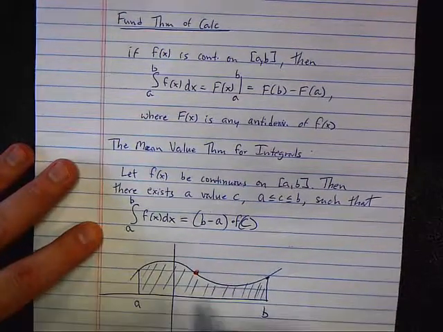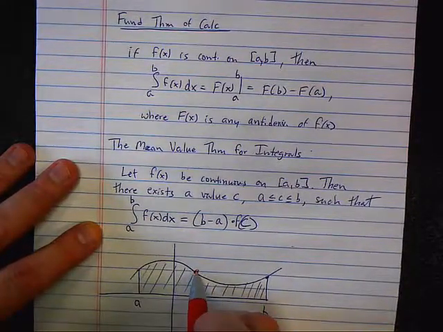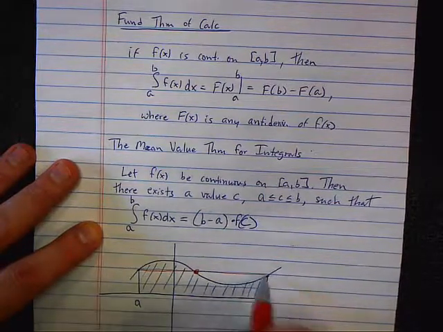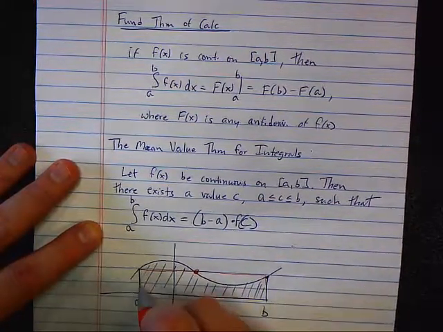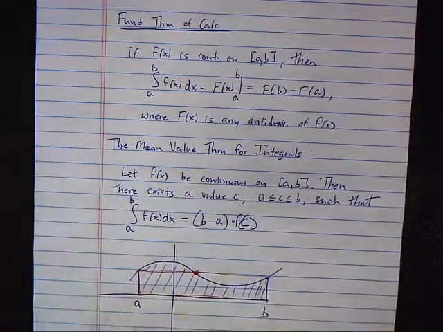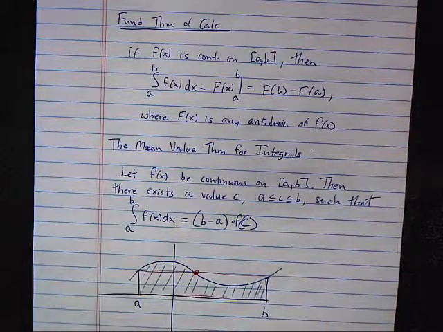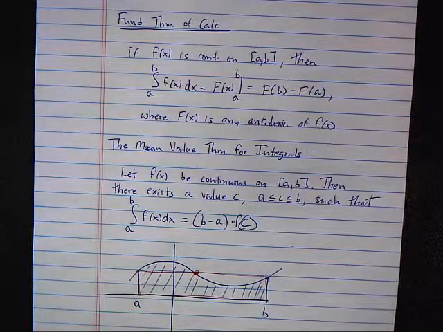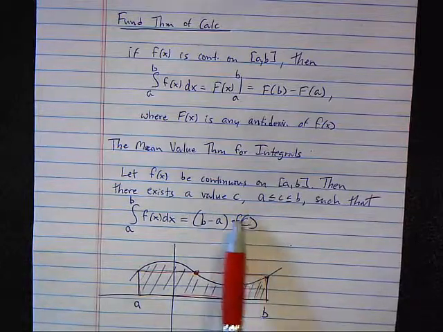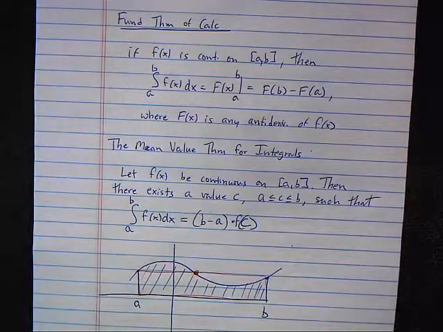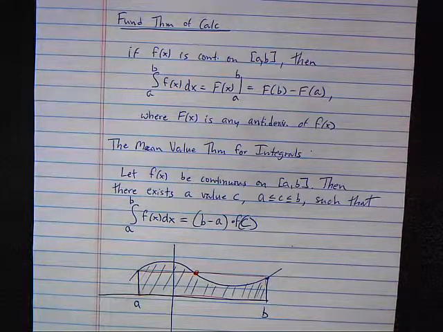So what this theorem says is you can build one rectangle, like so, where the width of the rectangle is b minus a, so that is your delta x. Your height is f of c for some number c, and the area has to be the same as the area underneath the curve. So what this theorem says is, you can find the area by building exactly one rectangle. What's the hard part? Finding the c. You don't know where to build the rectangle. That's the hard part.